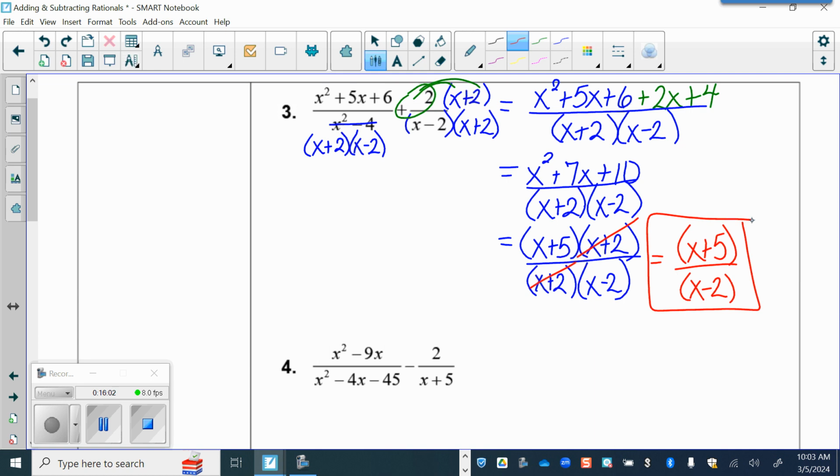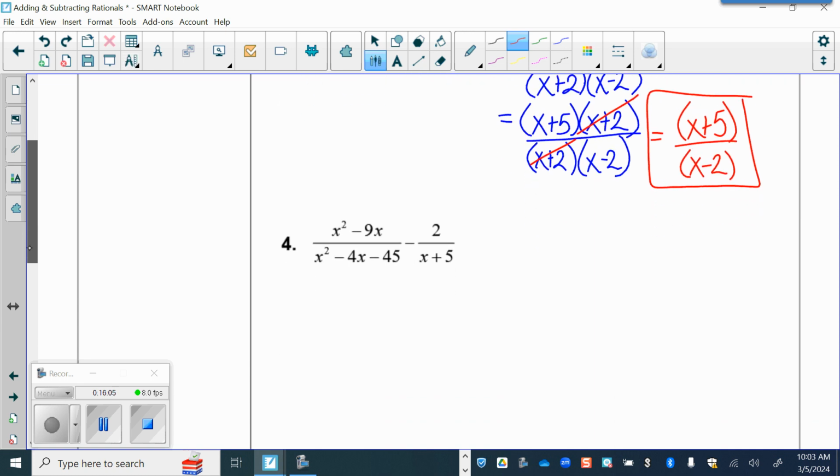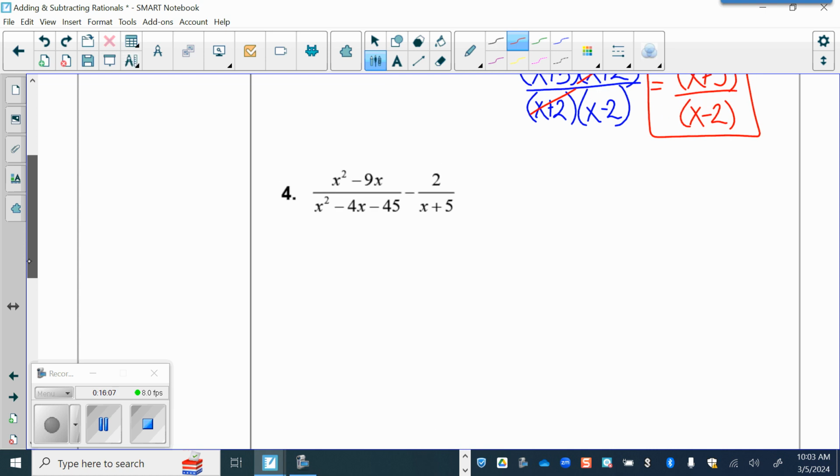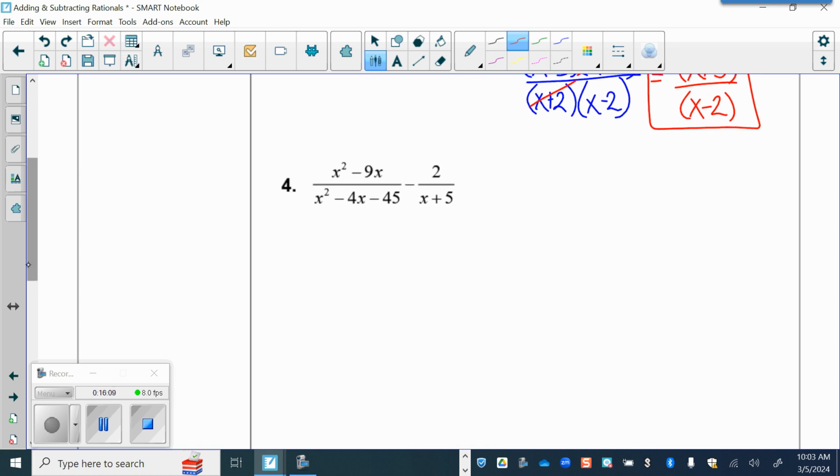Now, number 4 is tricky because of the subtraction sign. You have to be really careful when you're subtracting to distribute the negative. All right, let's take a look. x minus 9, x plus 5 is how that factors. And that means the second fraction is missing x minus 9.